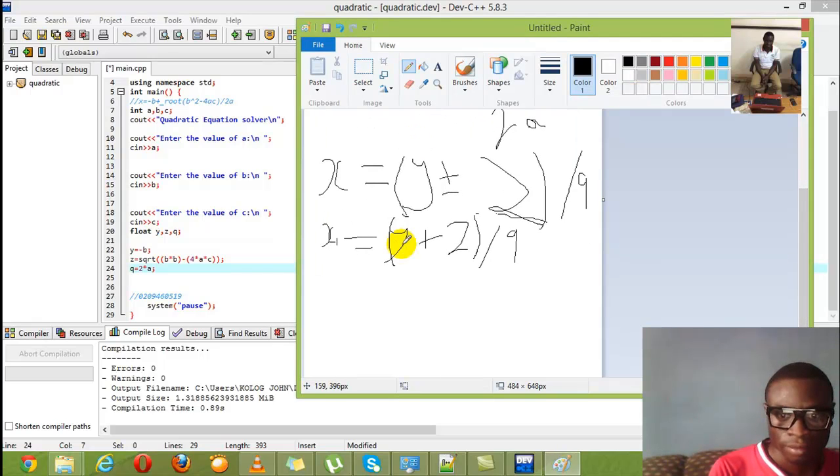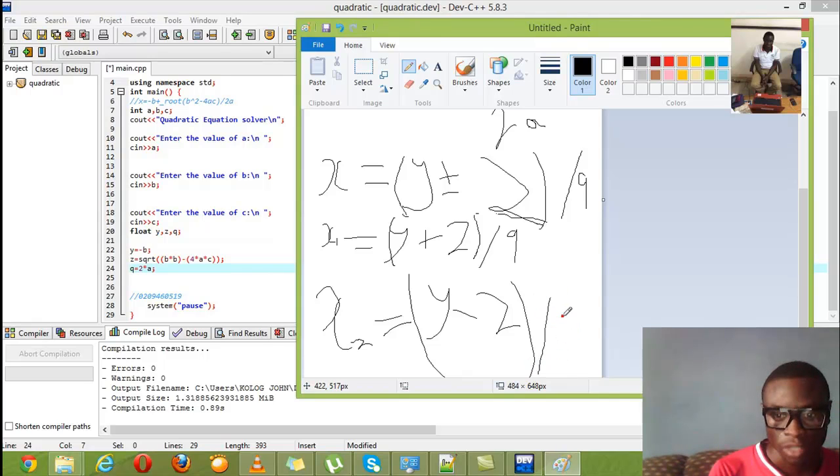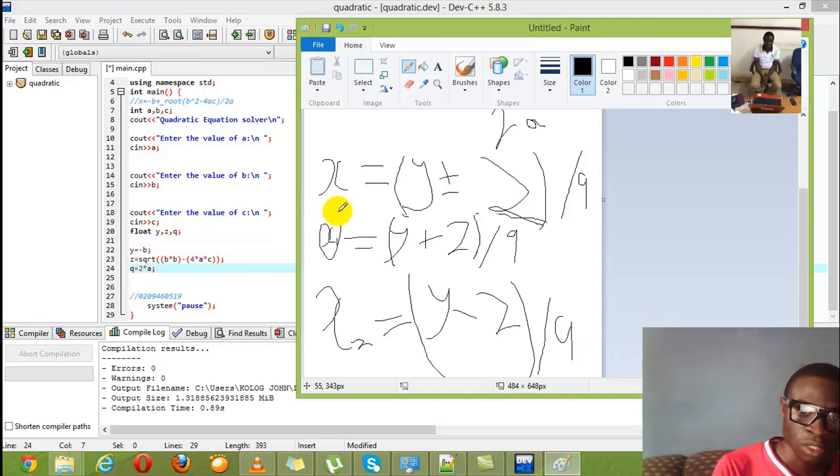So this is how we have it. Then x2 will be equal to y minus z, all this / q, so that the values of x1 and x2 will become our answer for finding the quadratic equation.